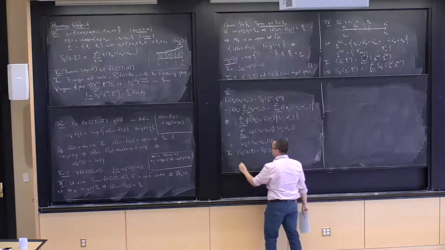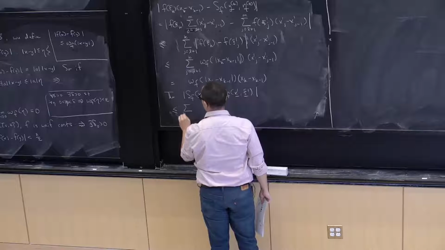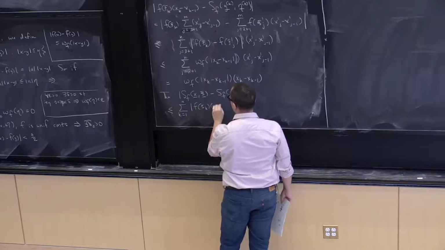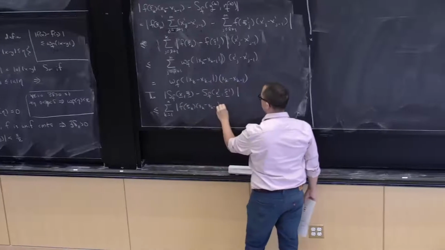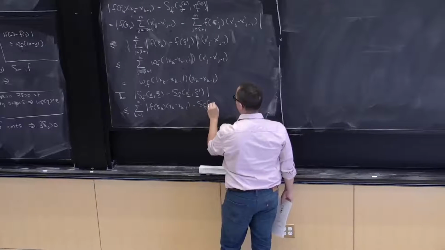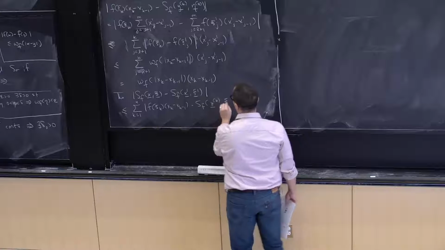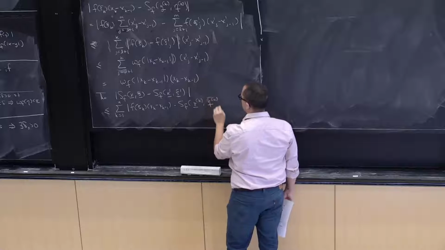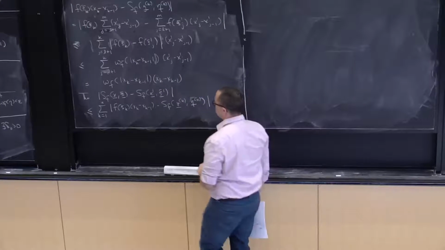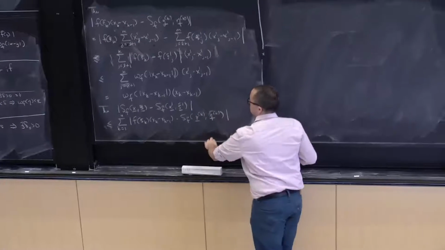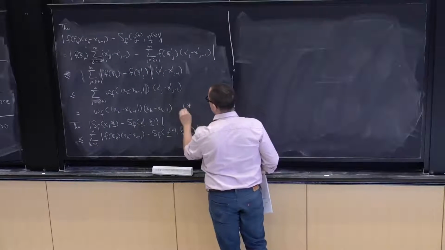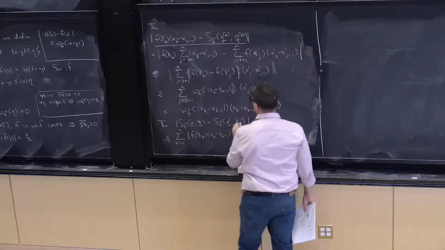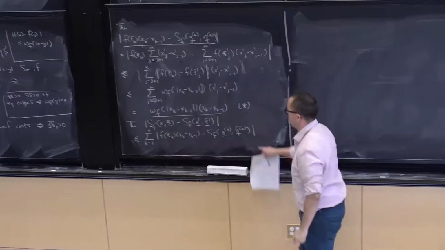If I apply the triangle inequality, this is less than or equal to the sum from k equals 1 to n of the absolute value of f(c_k)(x_k minus x_{k-1}) minus the part of the Riemann sum for eta_k, for which I have this estimate right here. I've already estimated it: I started off with this and showed it was less than or equal to this. So now let me stick that estimate into here.